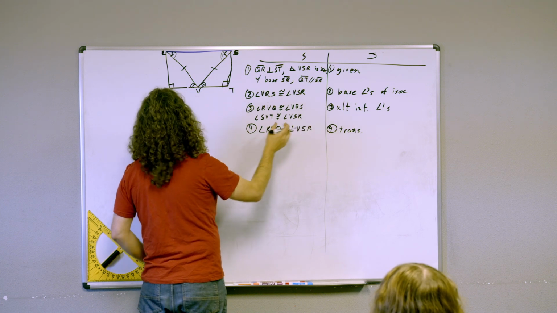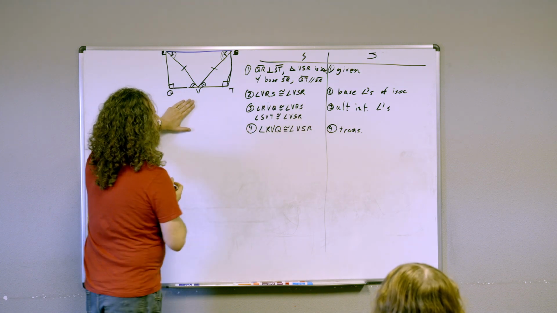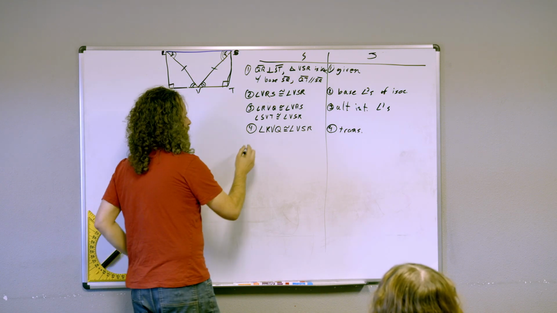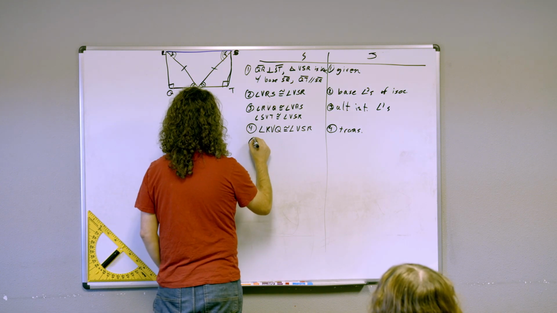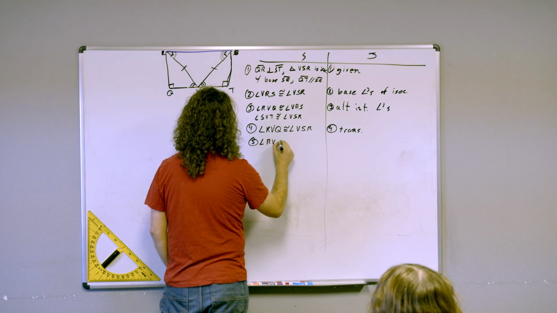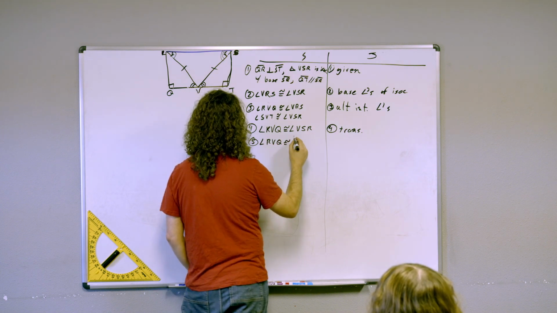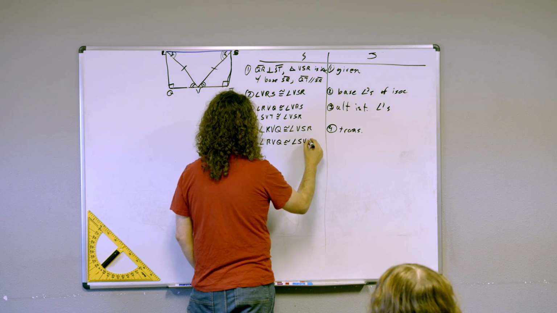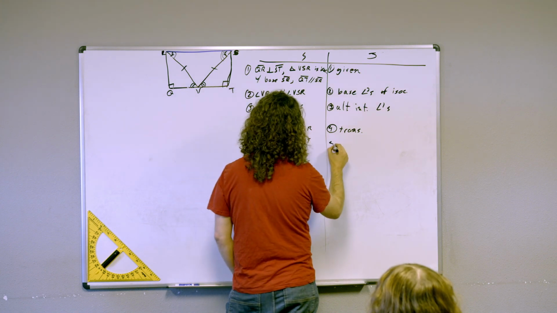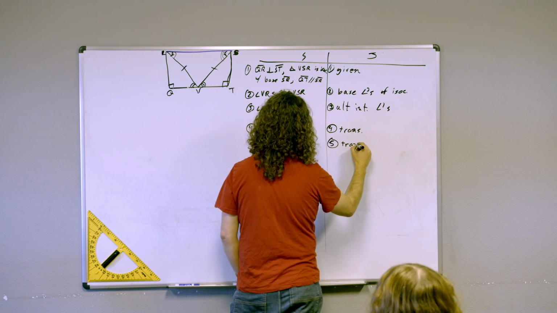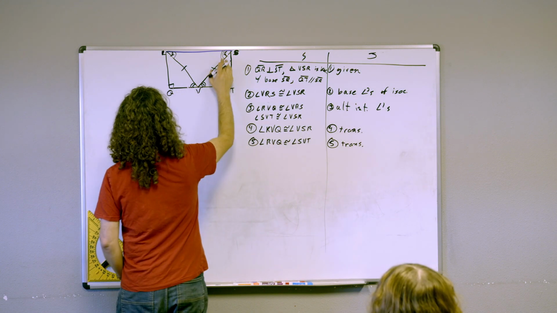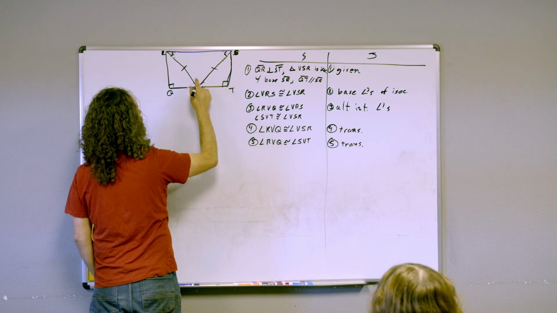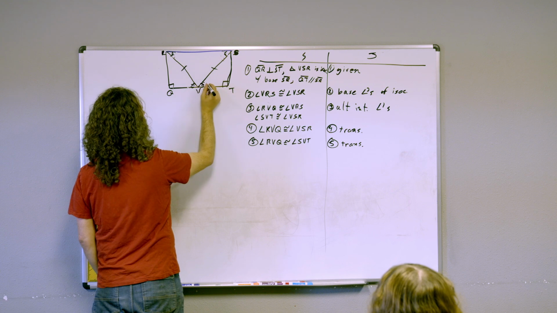Because we can now say, which ones are we trying to do? RVQ is the same as SVT because they're equal to the same thing. Angle RVQ is congruent to angle SVT, again by the transitive property. So that does what I was marking before, where these are all the same.